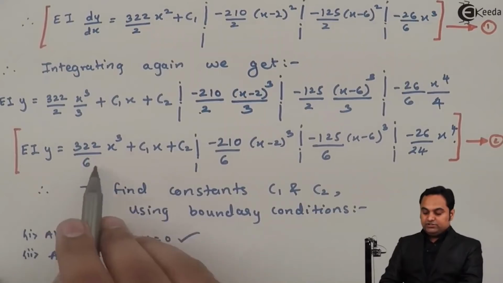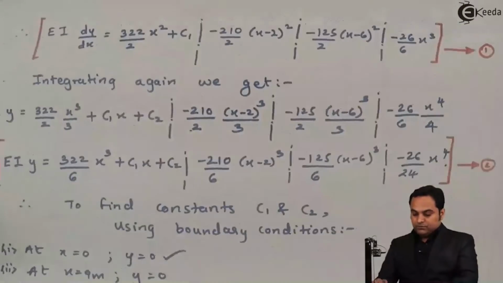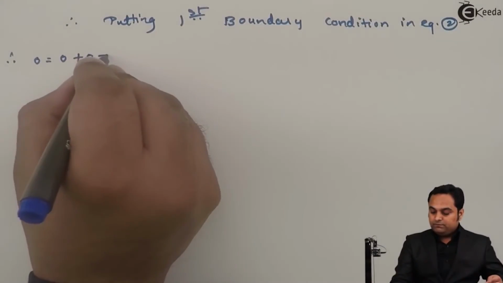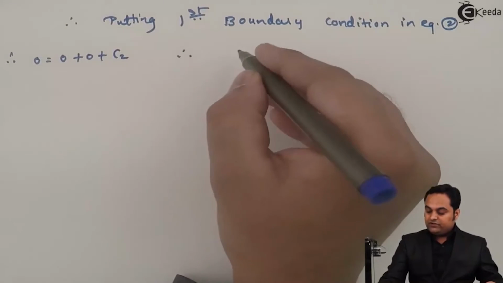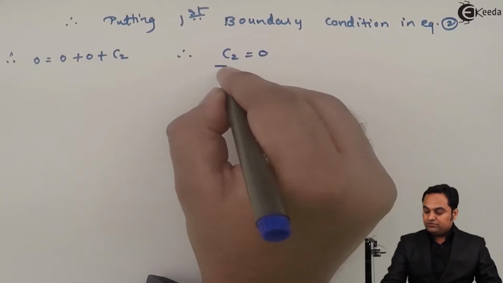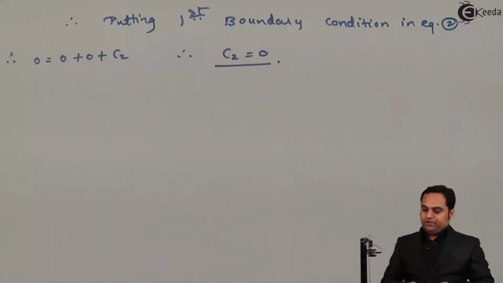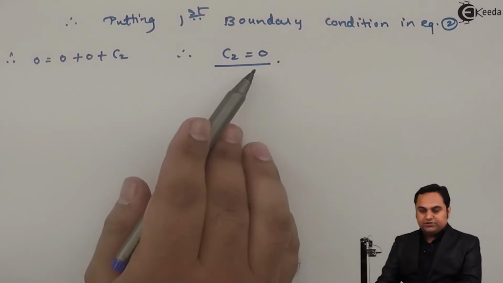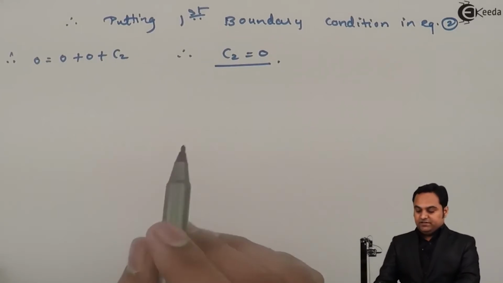So x is 0, this term becomes 0, plus c1 into x, x is 0, again this is 0, plus c2. So from the first boundary condition c2 comes out to be 0. So now here I have put the first boundary condition and found out the value of constant c2. Next I'll apply the second boundary condition.